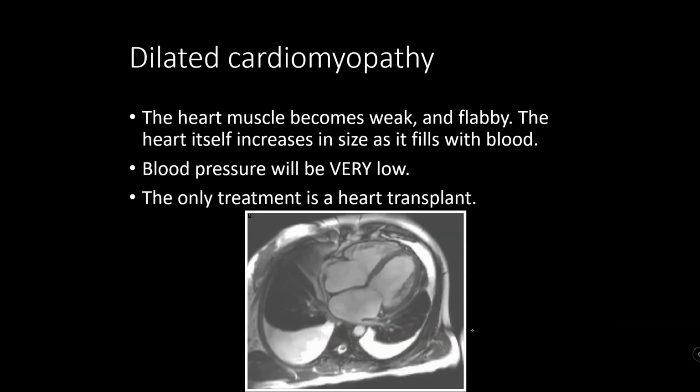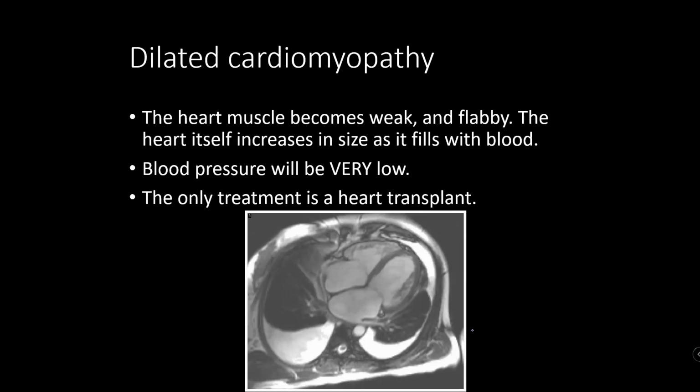Now, let's go back to one of the ways that hypertension can kill you. Whenever you have hypertension, that means the pressure in the blood vessels is already high. So when the ventricles try to pump blood into the vessels, they're pumping into vessels that already have high pressure.